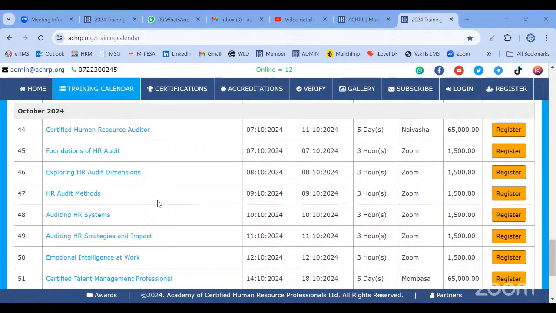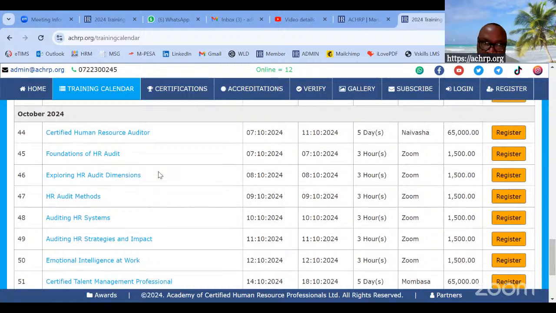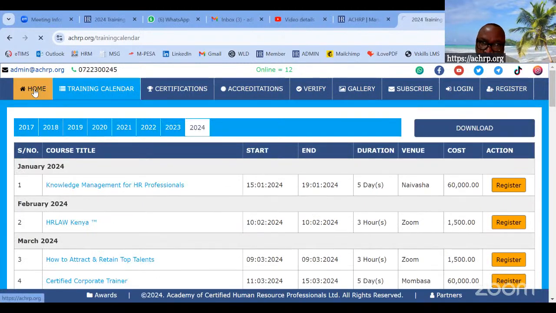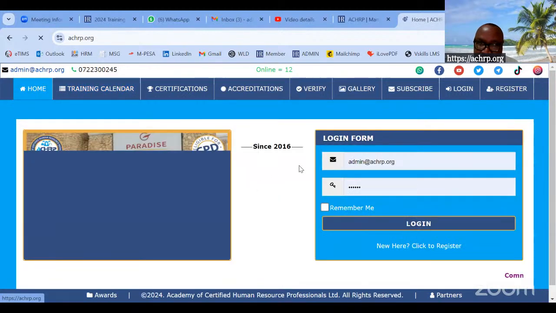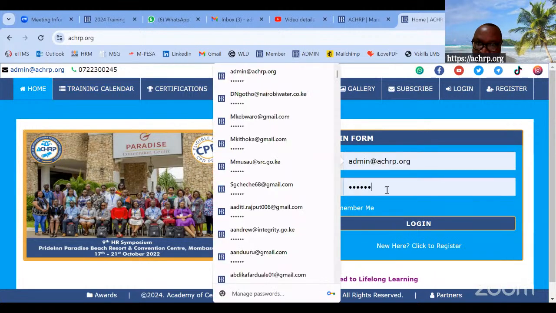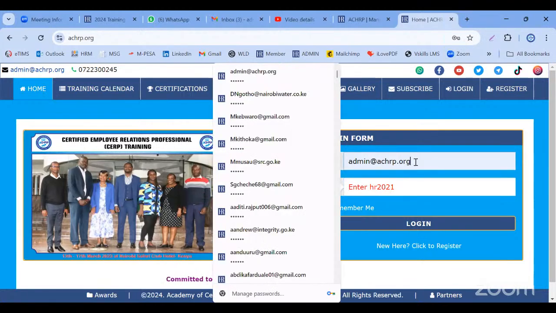In case you are interested in getting your certificate or your CPD, log into our portal. When you go to home, you'll find your portal there. For those who might have forgotten, it's very easy.